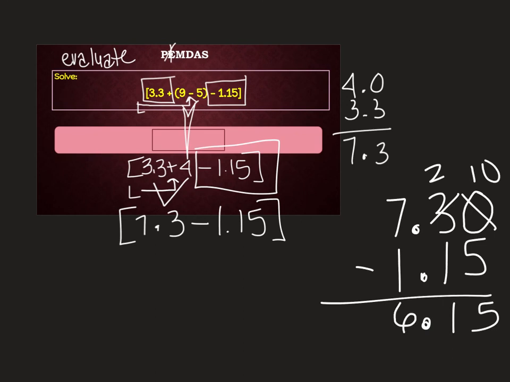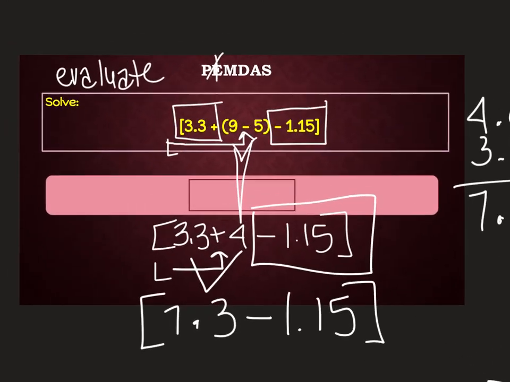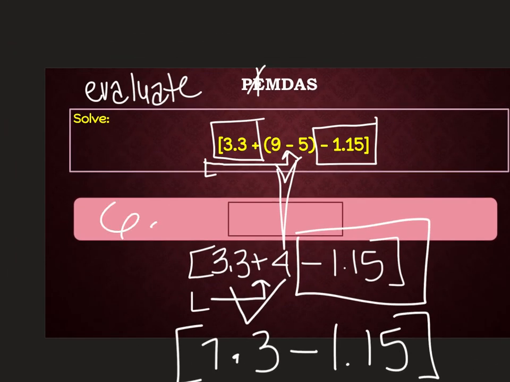And that's my answer. 6 and 1500ths, or 6.15, which I'm just going to put off to the side here. All right, good work. Next slide.